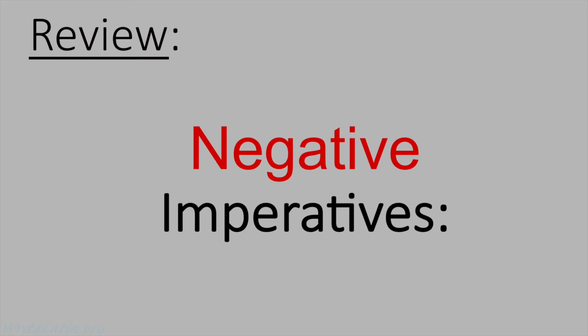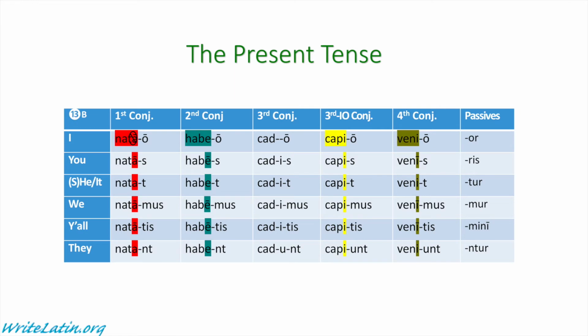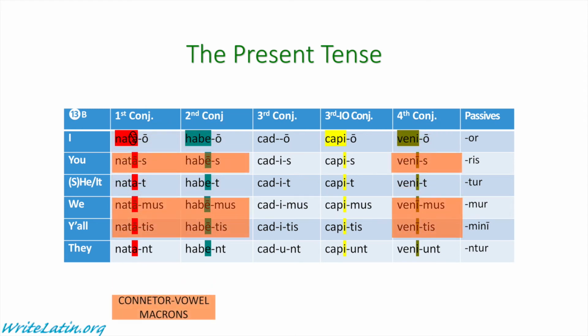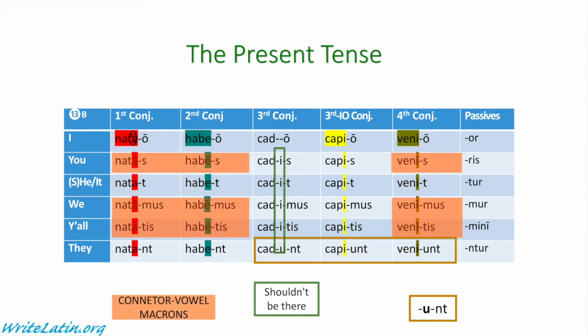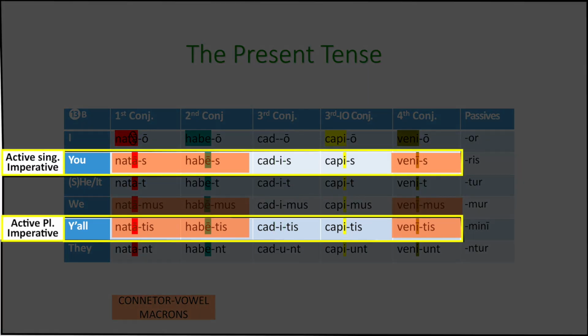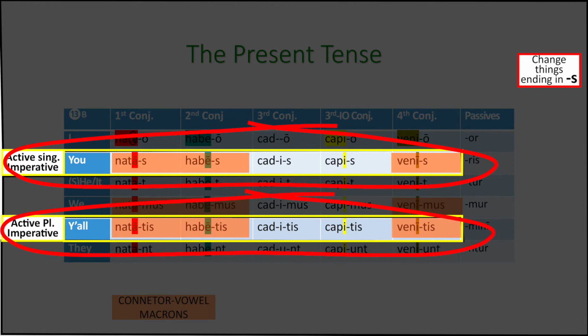Okay, the last thing we need to get for chapter 20 here are negative imperatives. Now, we already had positive imperatives where you tell someone to do something. And how did we do that? Well, we took our standard present conjugations like this, and then we took the second person rows, the ones you see here, and we changed all the forms that have an S at the end, in this case, everything.